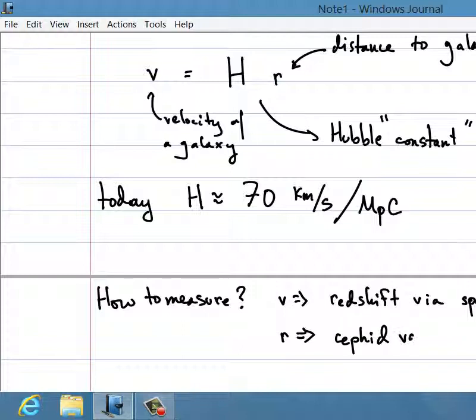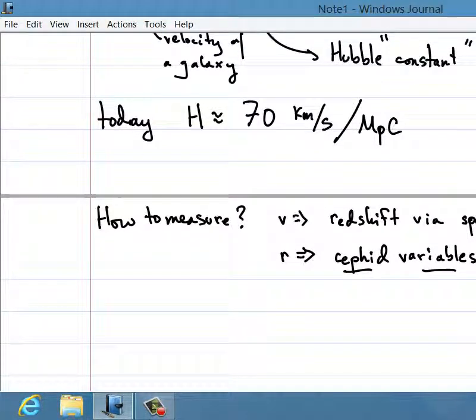And so actually, the method that Hubble used, which remains one of the best methods that we have to understand how far away a galaxy is, used the fact that there are certain kinds of stars known as Cepheid variable stars, which have a very interesting property.